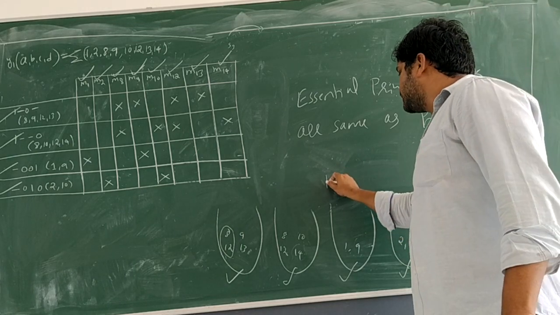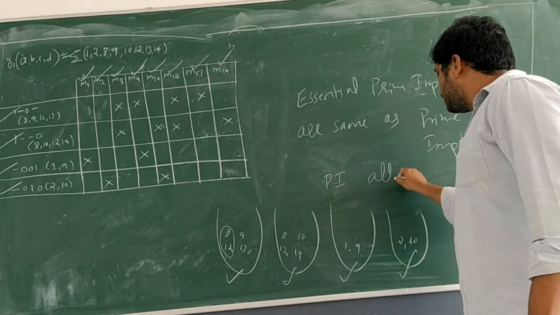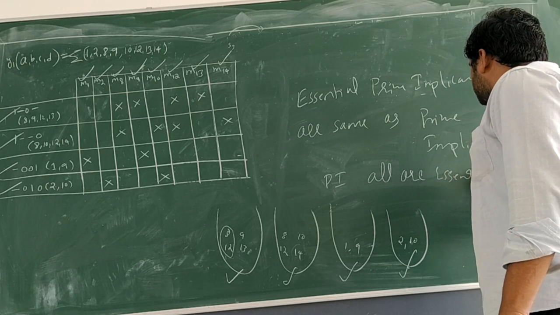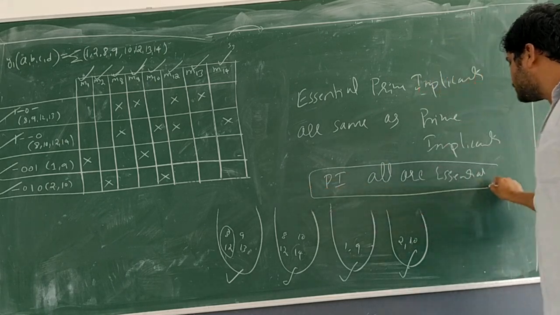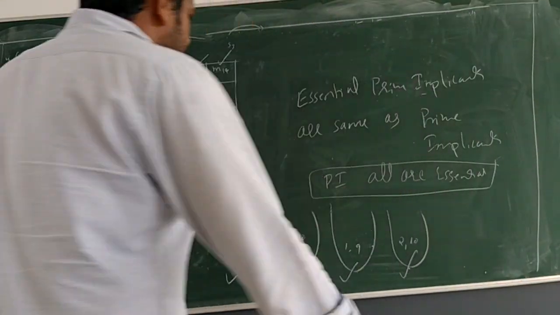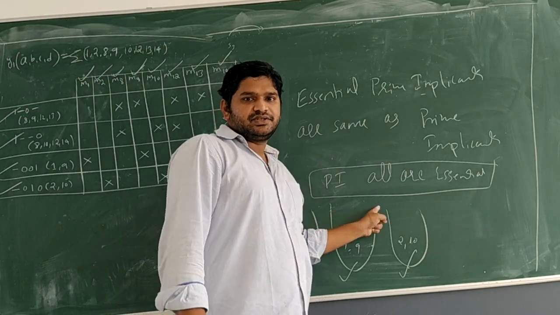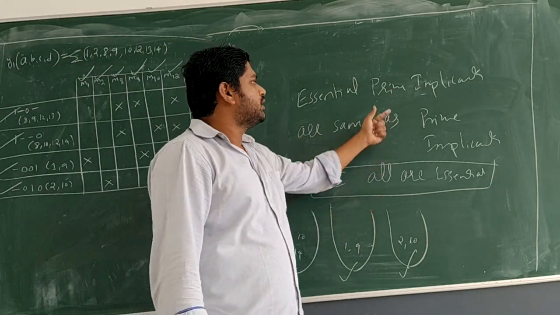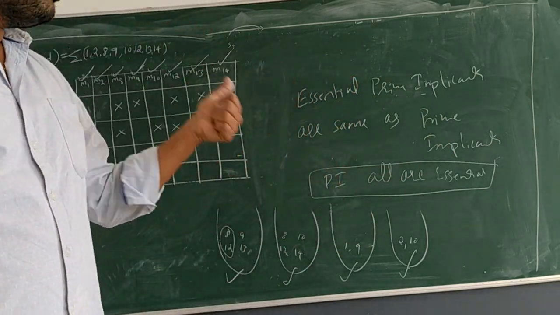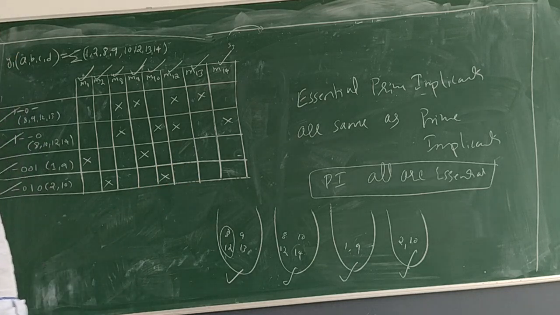That means whatever I said were the prime implicants, all are essential now. So this is one conclusion. Okay. So not all the time we can say all prime implicants are essential. Most of the time few will be optional. In this problem all prime implicants are essential prime implicants. Okay.